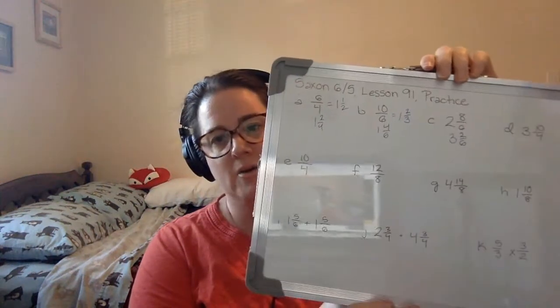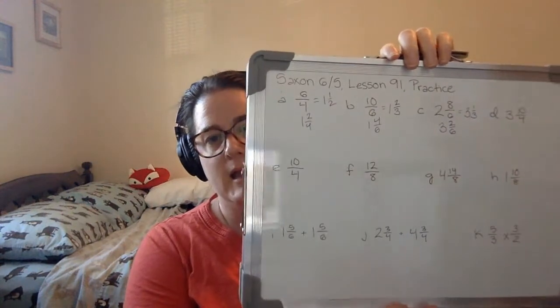Now we have a mixed number with a proper fraction, but our fraction can be reduced to 1/3. So our number should really be 3 1/3.